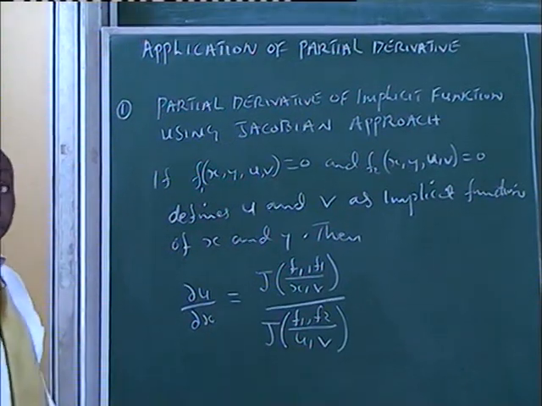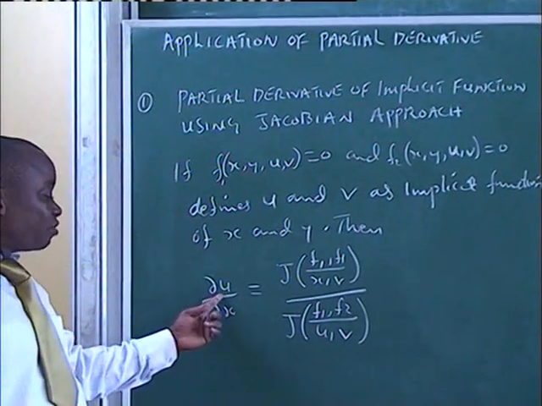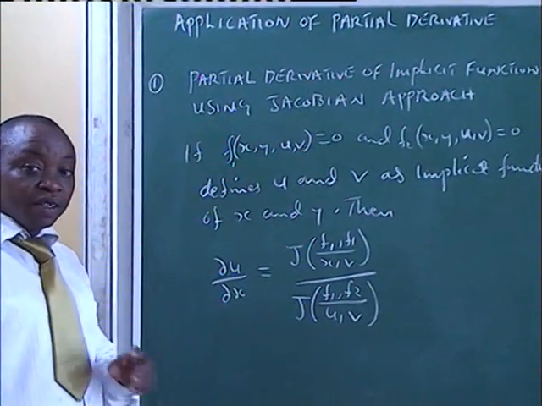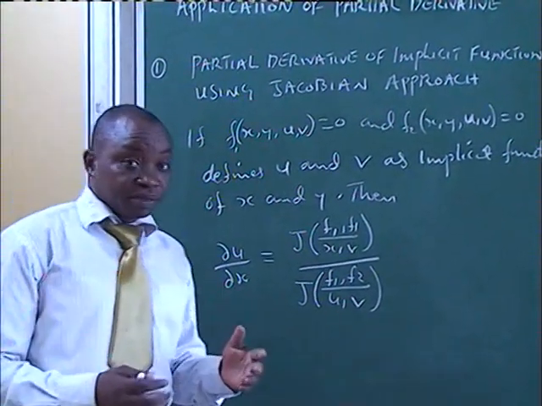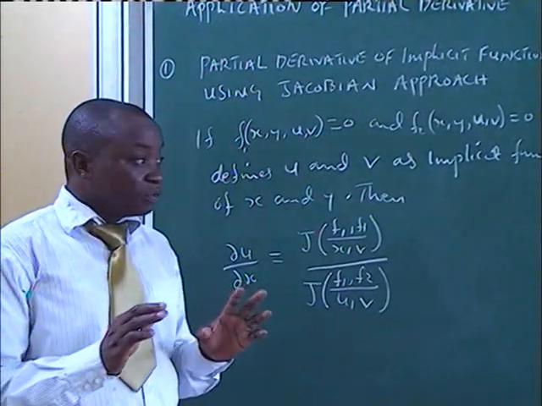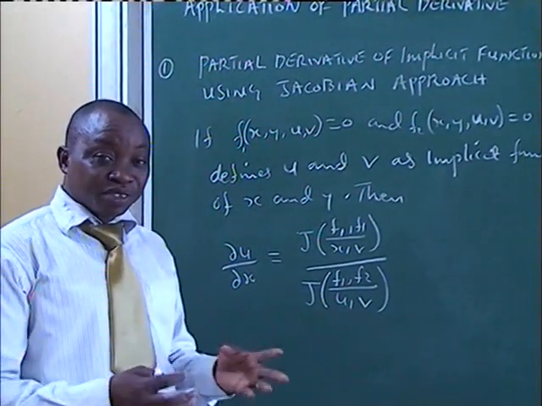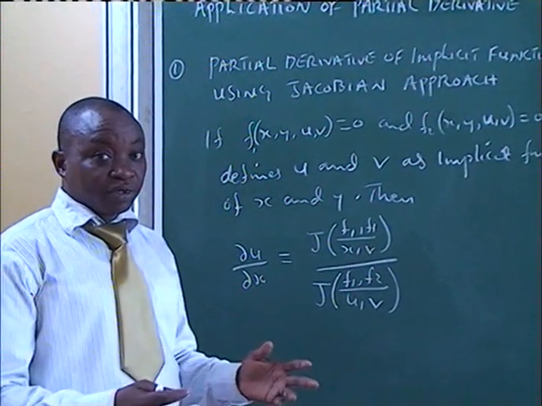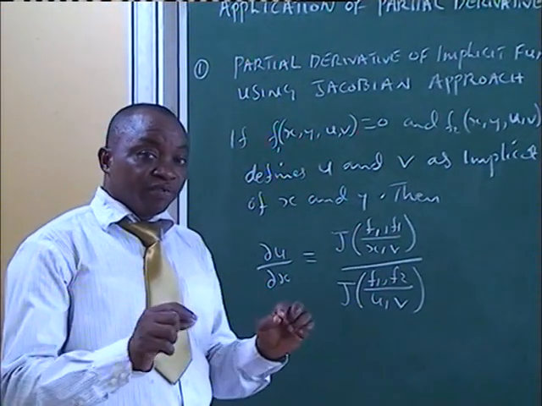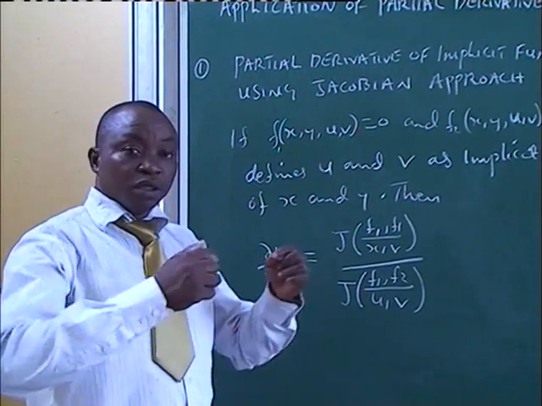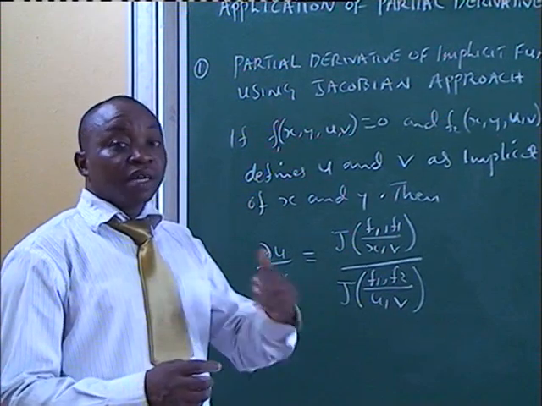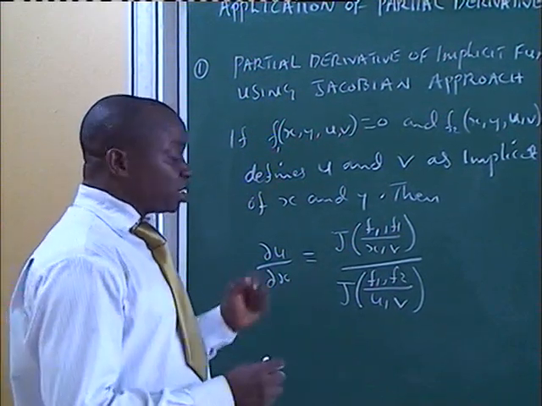Now see, by Jacobian method we can find partial u partial x of implicit function. Now see, when in this package, if you can recall, when we were dealing with implicit function, we use determinant approach to get implicit function, where we define the function and then we use Cramer's rule to get it. That is another way. We can also apply this using Jacobian.